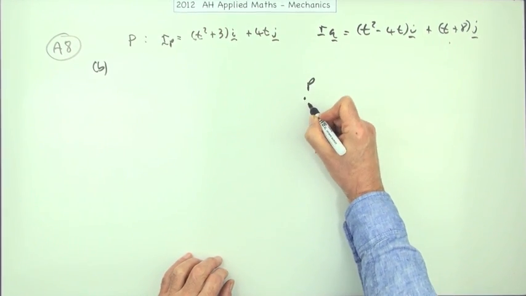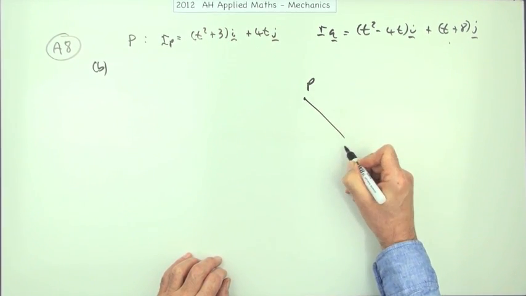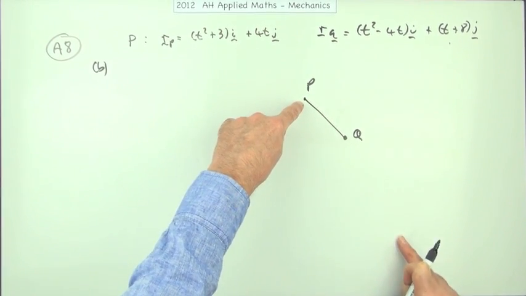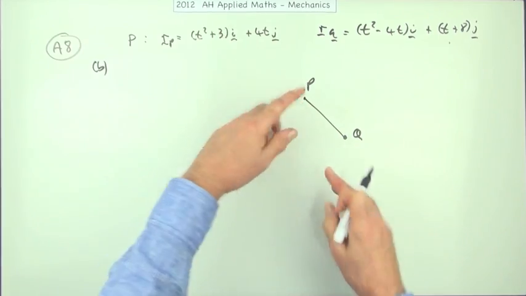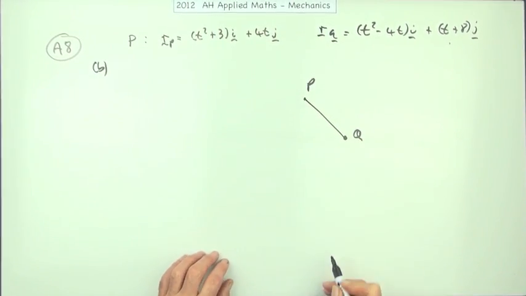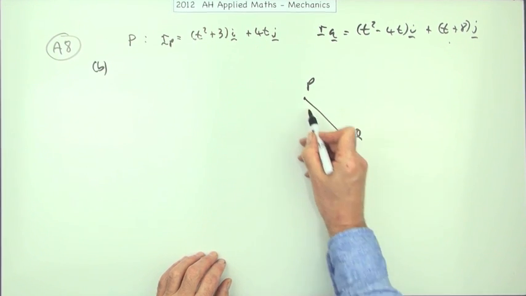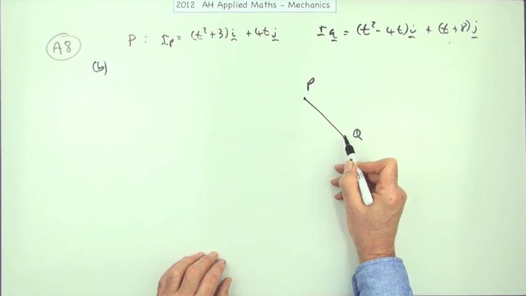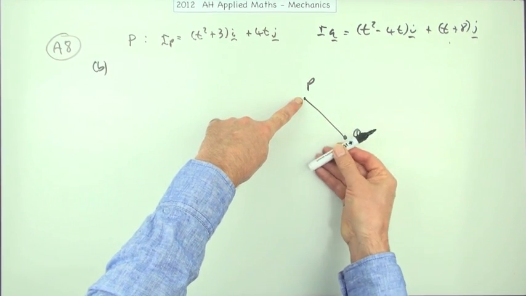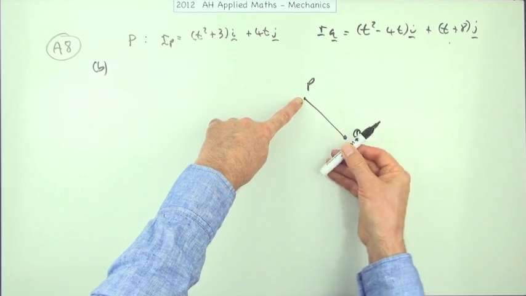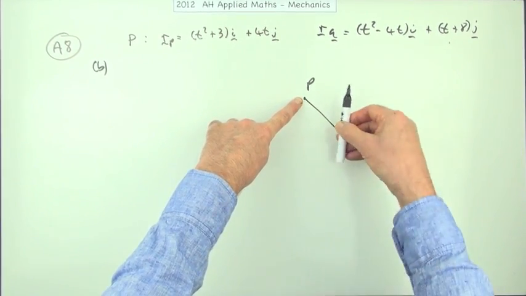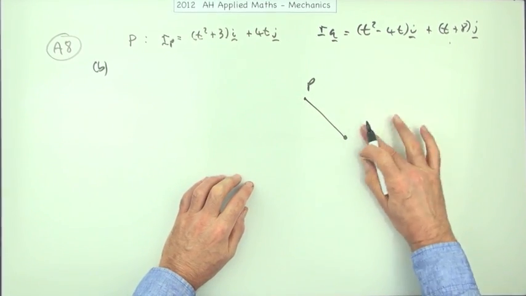If you were static at P and watching Q, you'd be at the closest point when the relative distance to Q, which of course will come away and towards you, like travelling along 2 tracks that are bending in and out. You've got the relative position of Q, which will just be the position vector PQ. And if you think you're steady at P, Q will appear to have its direction changing, its velocity changing relative to you in different directions.